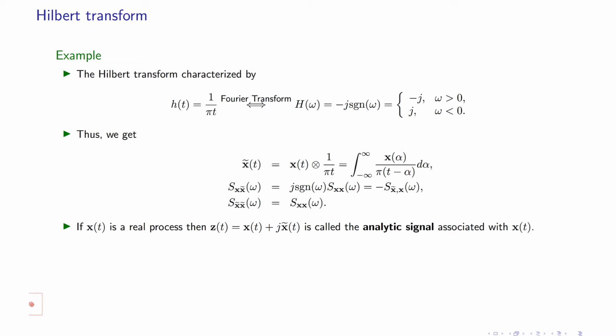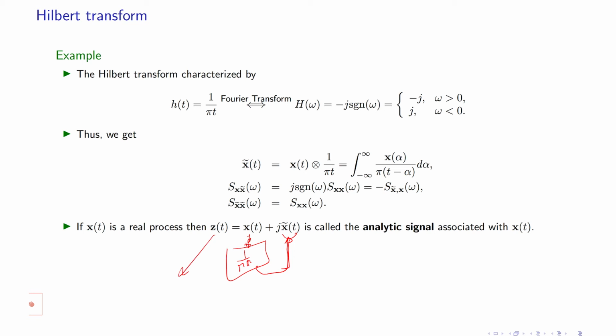In some examples, for instance for speech signals, if this is a Hilbert transform of x of t, so you convolve it with the impulse response 1 over pi t, you get this as output, then we call this the analytic signal.